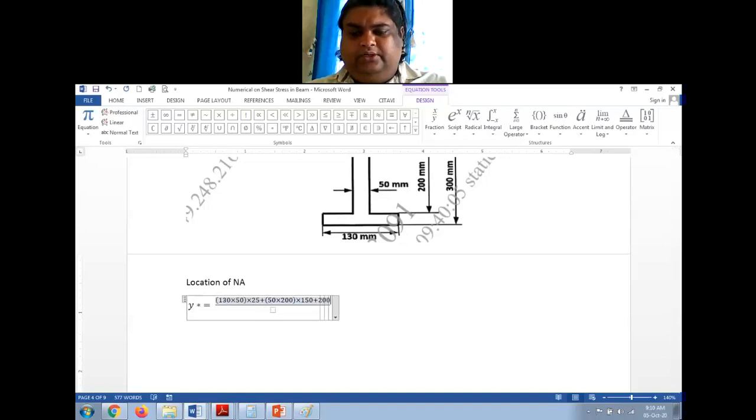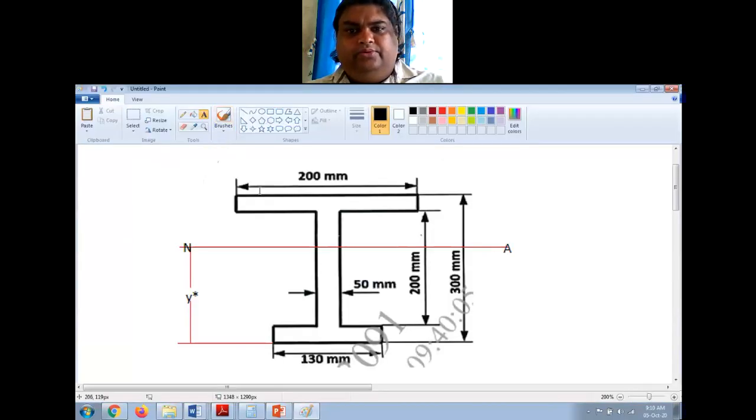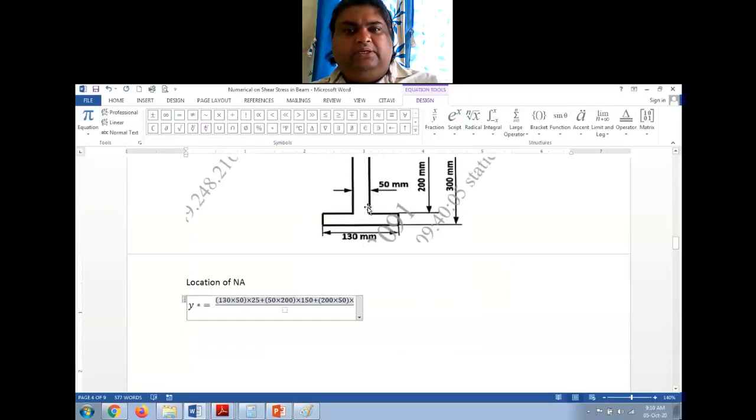So 200 by 50 into, now the center of gravity of this rectangle is from this surface at 25 mm, 50 by 2, right? It is here. So that is 25. This is 50, 50 plus this is 200 plus this is 25. 200, 250, 275 mm. 275.